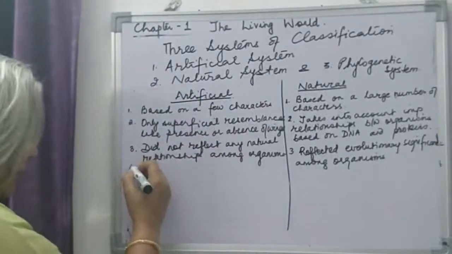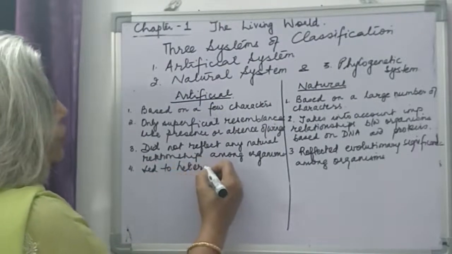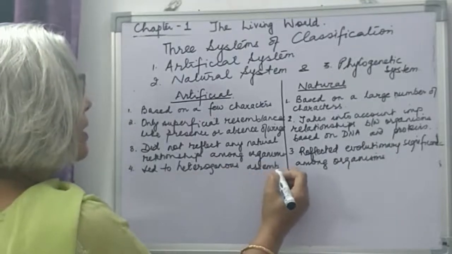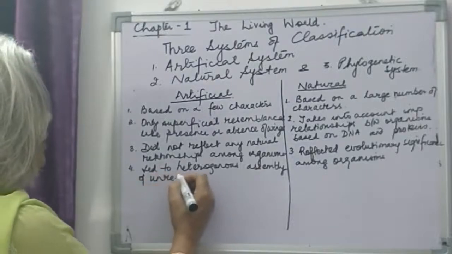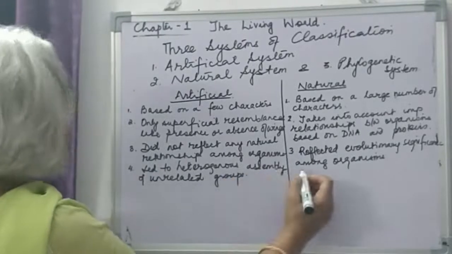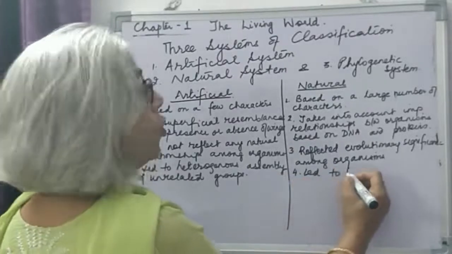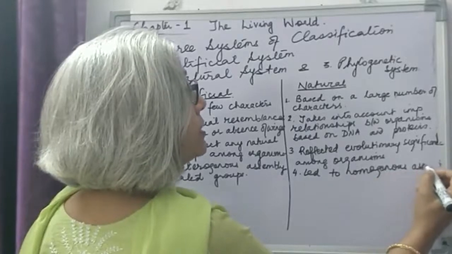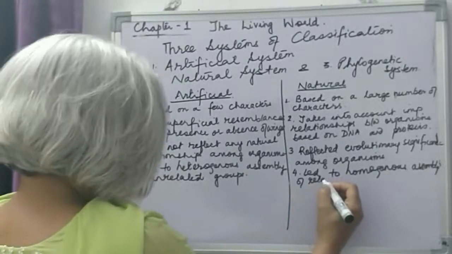Then the artificial system led to heterogeneous assembly of unrelated groups. On the contrary, the natural system led to homogeneous, means similar, homogeneous assembly of related groups.